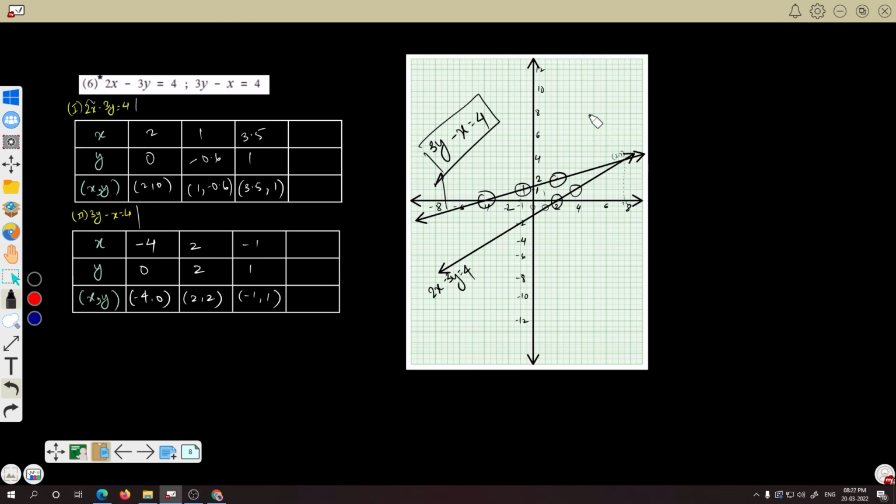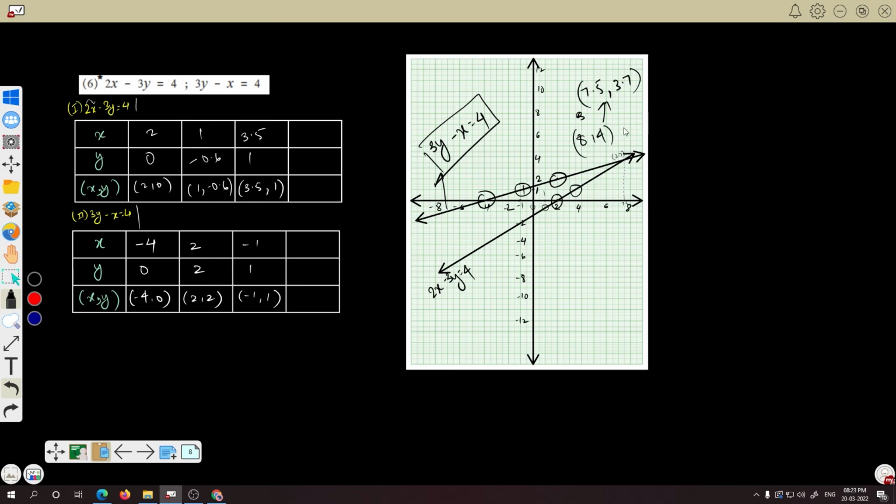So the coordinates of the point of intersection turn out to be 7.5 comma 3.7. According to my graph, the answer is 7.5 comma 3.7, but in the book the answer is 8 comma 4.